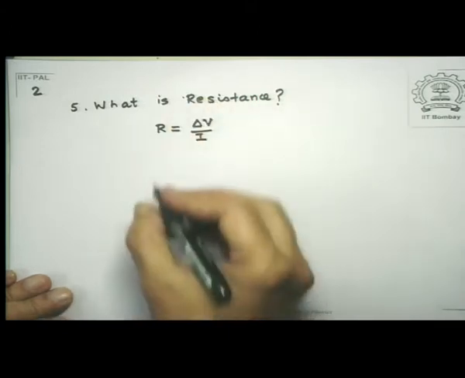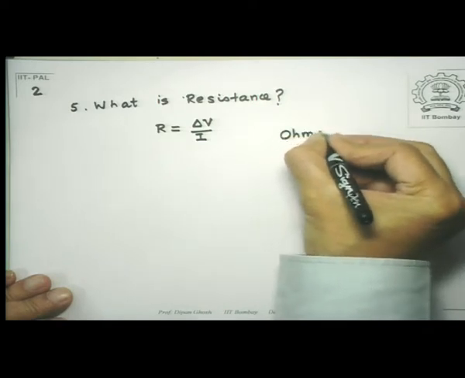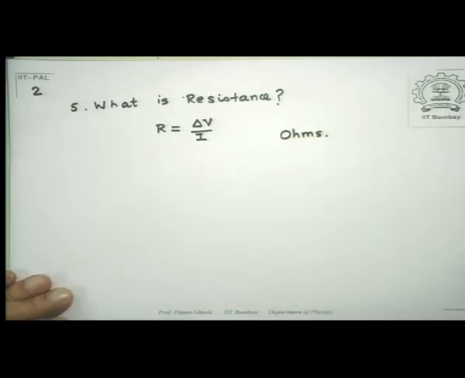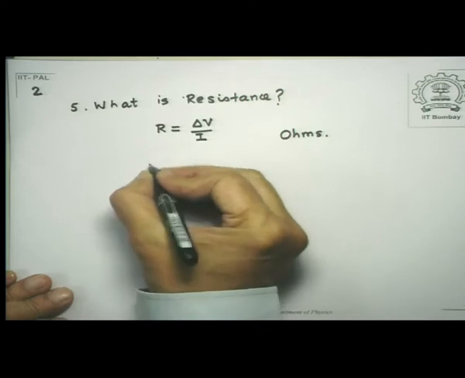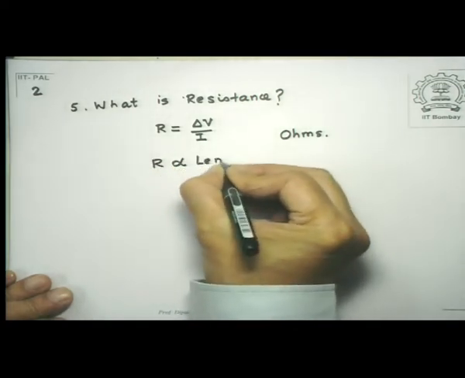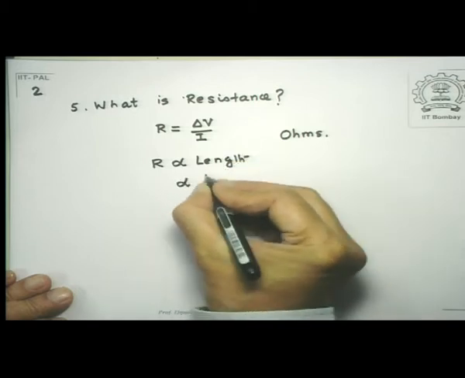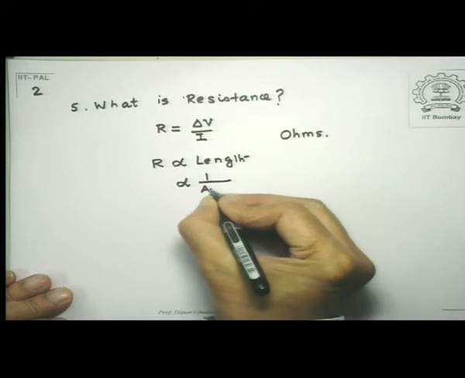So therefore, resistance has the unit of ohms. Other than depending upon material property like conductivity and resistivity, the resistance is directly proportional to the length of the sample and has an inverse relationship with the area of cross section.